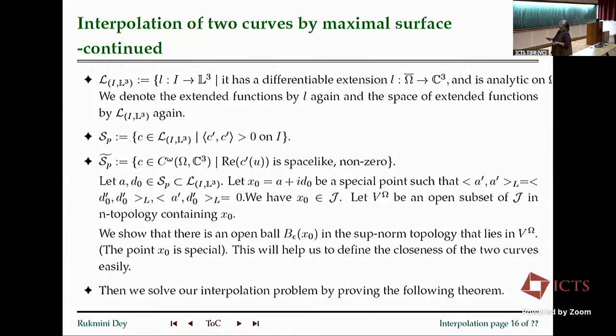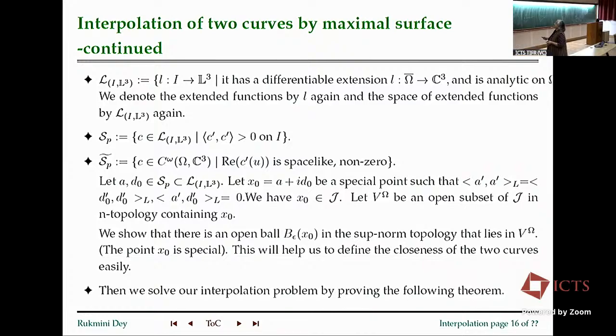So let's write this. Let's write the domain, the neighborhood at least. So how close A and L should be, such that there is this Björling formula between them. So L from I to L3 has a differentiable extension from omega bar to C3, analytic on omega.